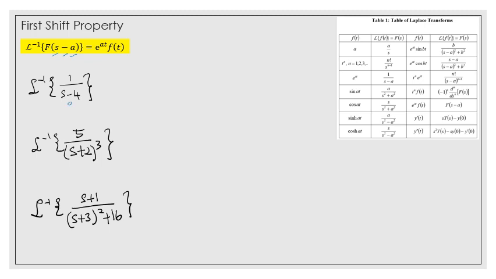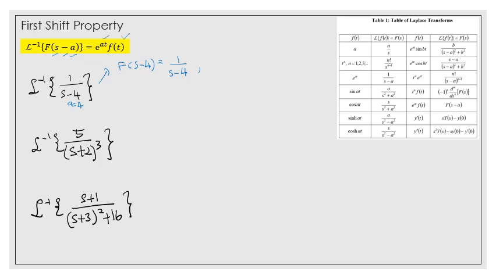In this case, we have a equal to 4. We try to define first. F(s minus 4) is actually equal to 1 over s minus 4, because it is similar to s minus 4. So we have a equal to 4, and we can substitute into a in the formula.